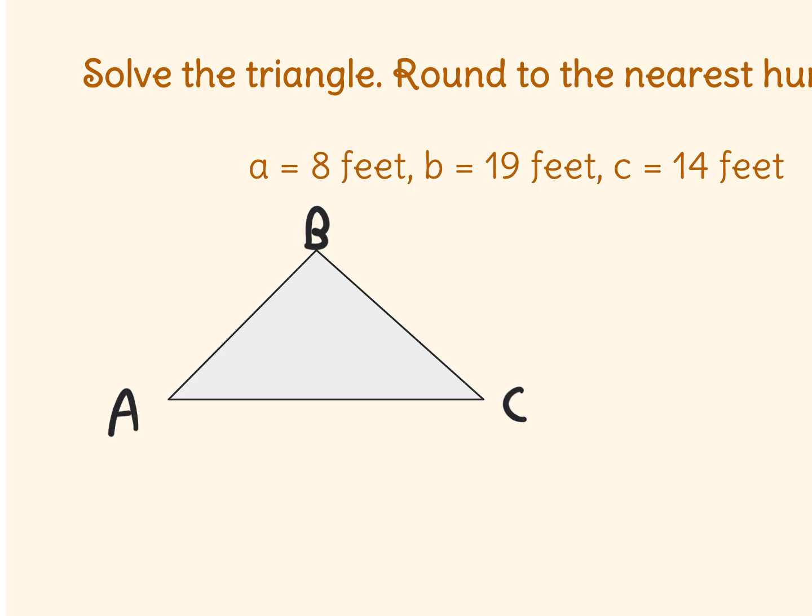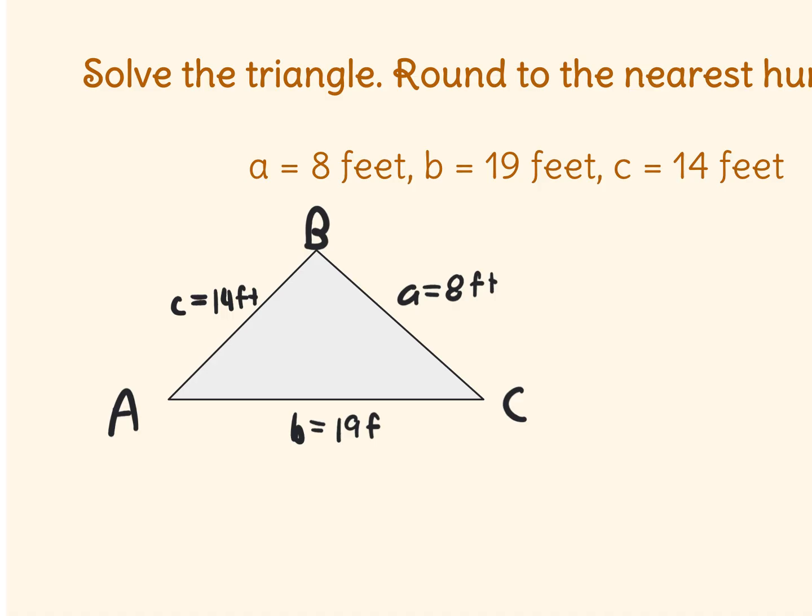Yeah, right. So opposite of the angle. So this is going to be A equals 8 feet. This is going to be B equals 19 feet. And this is going to be C equals 14 feet.